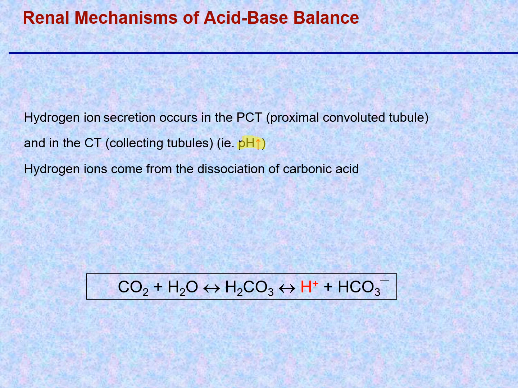Now, as you know, hydrogen ions come from the dissociation of carbonic acid in this reaction that you're familiar with. This is an important reaction that is occurring continuously in the kidneys, to one extent or the other, in one direction or the other. So the kidneys are able to secrete hydrogen ions directly, the ones that are produced from this.